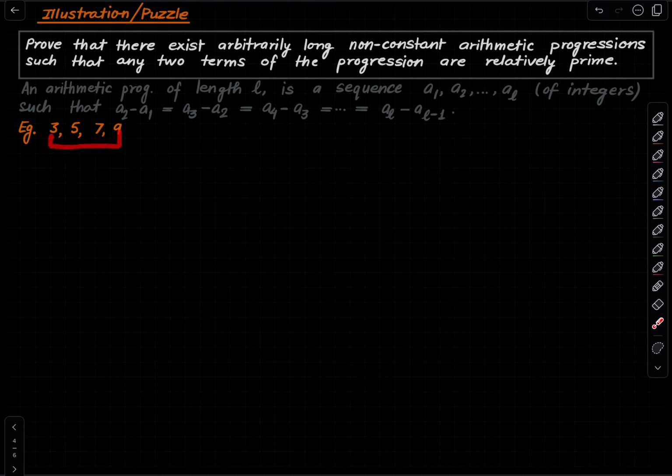But as soon as the fourth term comes into existence, the relative primality breaks down. Okay, wonderful. I hope the puzzle is clear, and it should be very interesting. You should be able to appreciate the beauty of the puzzle. As usual, I encourage you to pause the video and think about a solution.